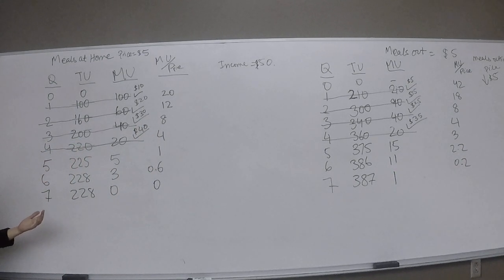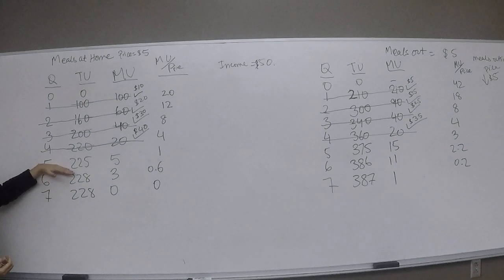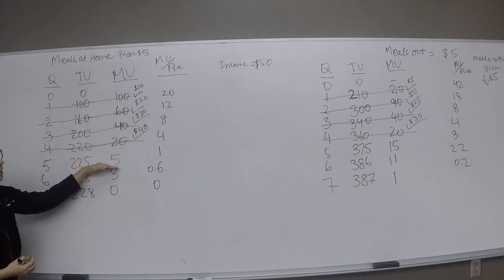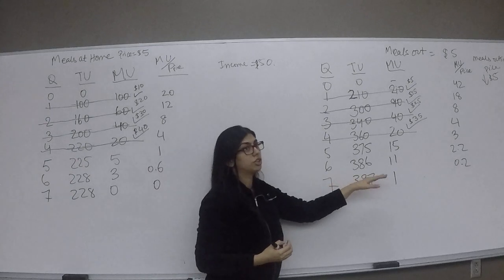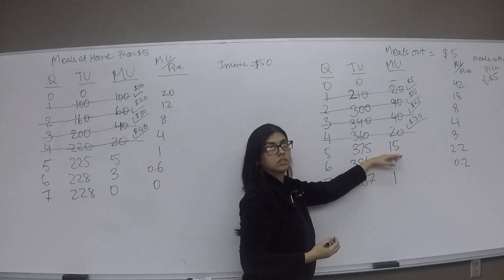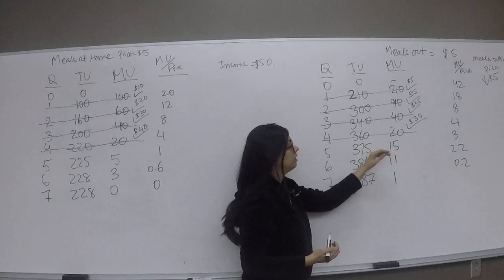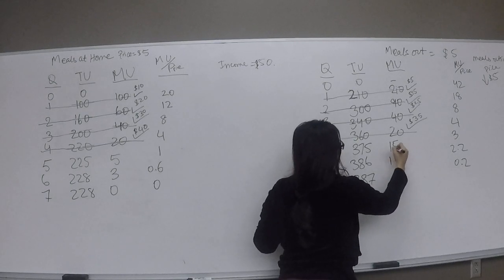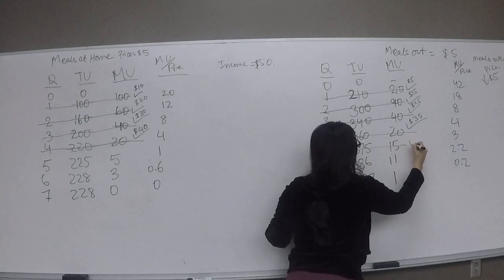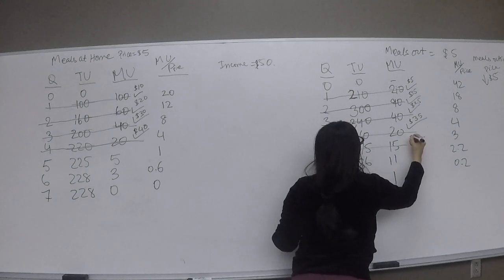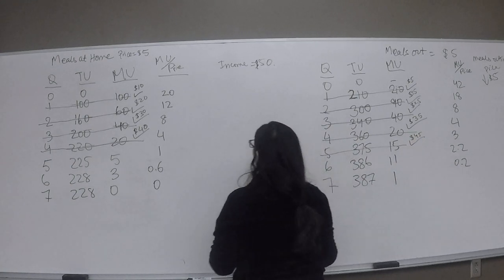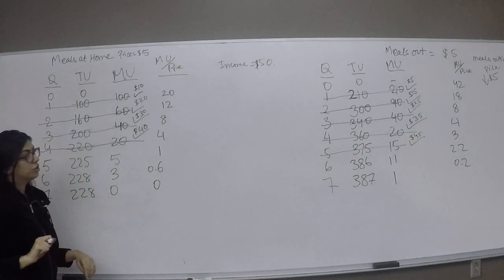What about your next meal? At home you're getting 5 marginal utility, outside you're getting 15 marginal utility. Outside? Yes, because you're getting more here. So you are at $45 now. You have $5 more to spend.